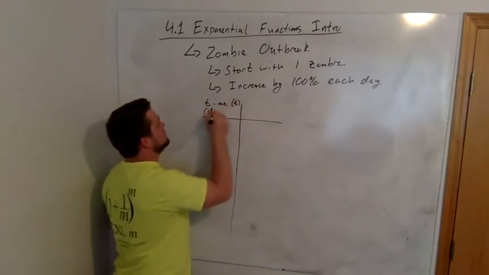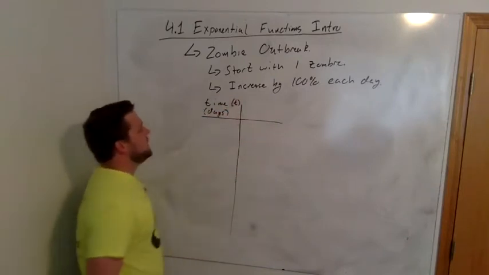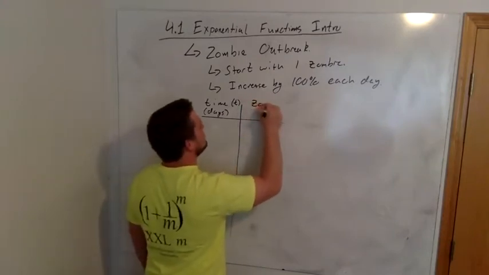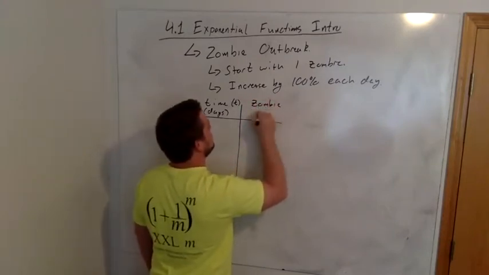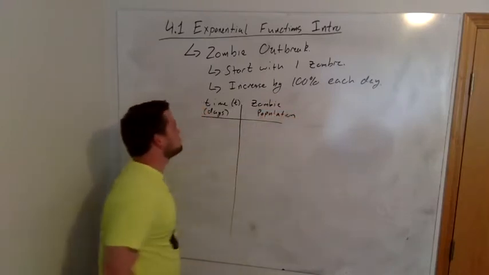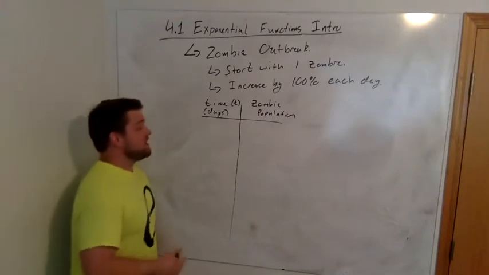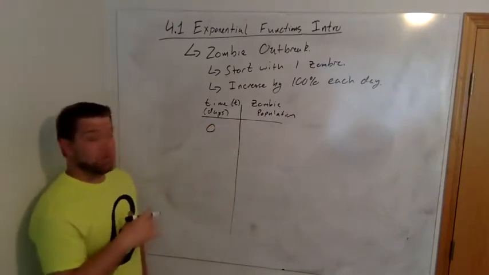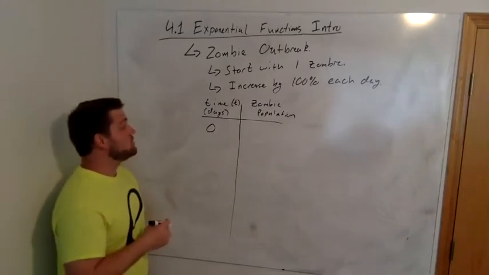And here we'll write the zombie population. Okay. So let's start at time t equals 0. So this means on day 0 when it initially outbreaks.